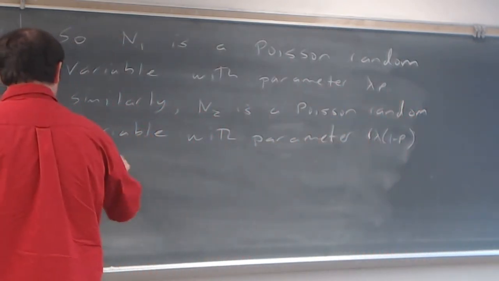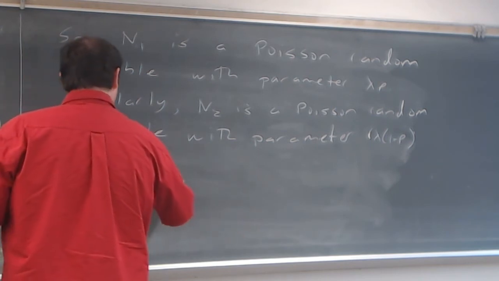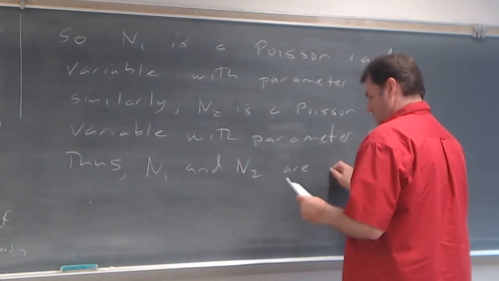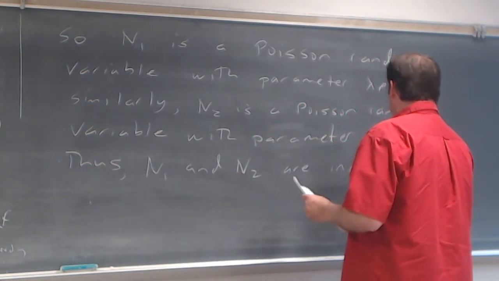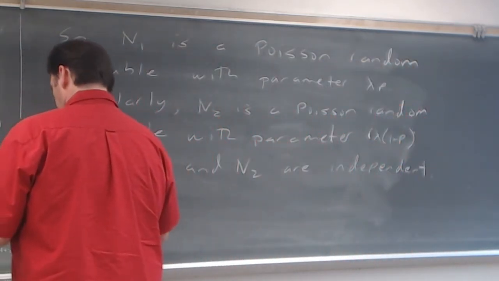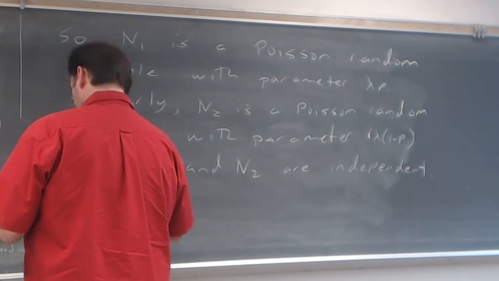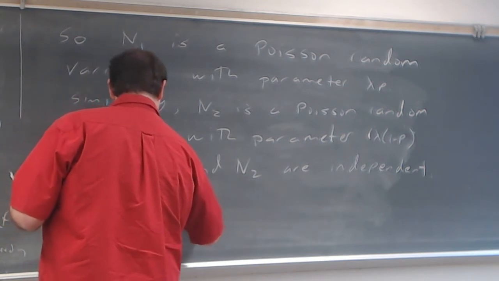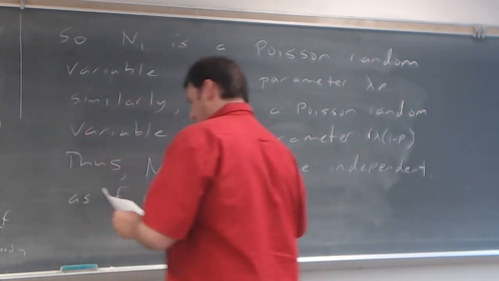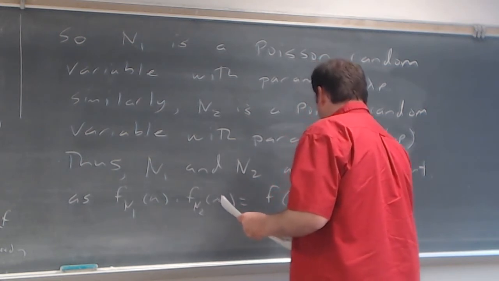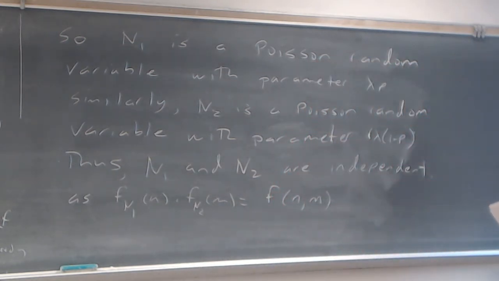And that told us that N sub 1 and N sub 2 in this case are independent, as the PMF of N sub 1 at n times the PMF of N sub 2 at m is equal to the joint PMF evaluated at n, m.